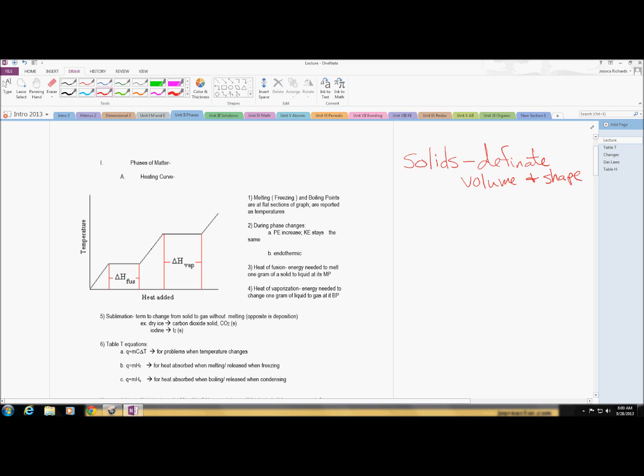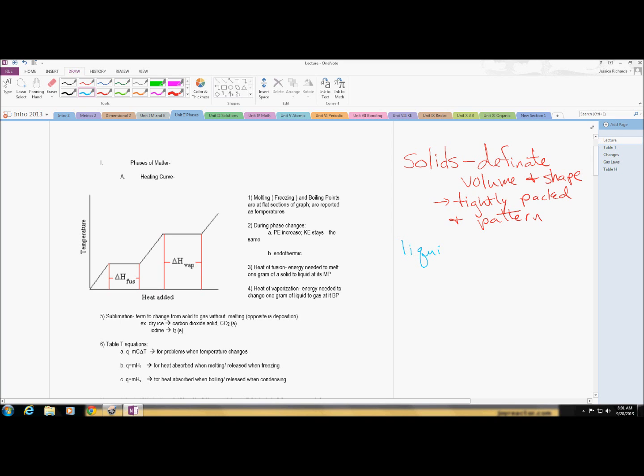The particles in a solid are tightly packed and arranged in a pattern. They're shaking and moving all of the time, but they're stuck in a pattern. And I kind of refer to that like when you are in class and you're stuck in your desk in a specific seat, and you can move around within your desk, but you're supposed to stay put.